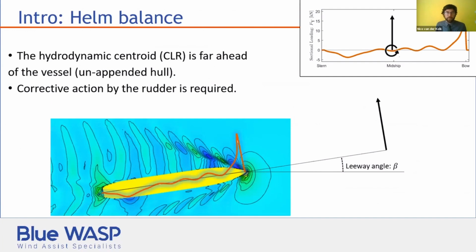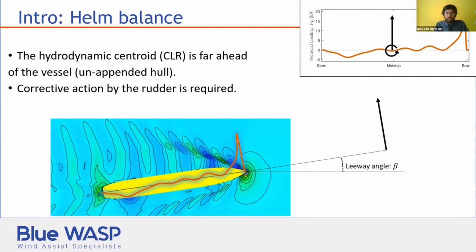Yeah, so to introduce the problem, there is this well-known Munk moment effect and general destabilizing moment which arises when such a low aspect appendage goes with leeway angle. You can see here in the figure this distribution of lateral force.